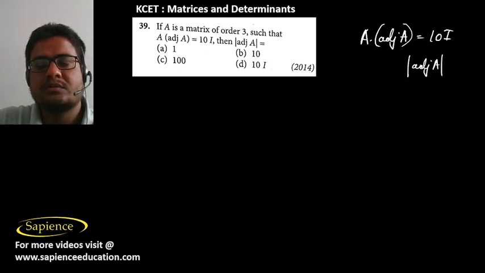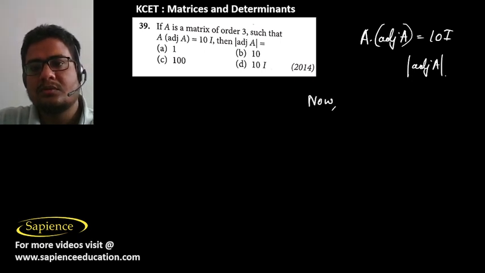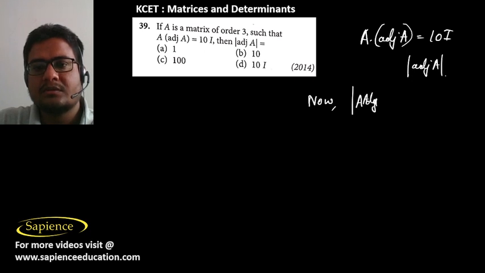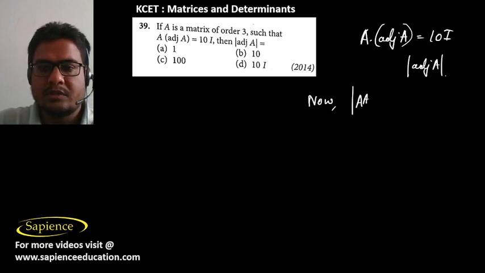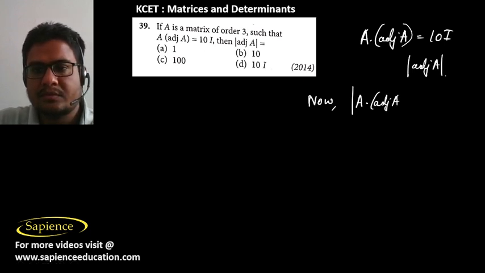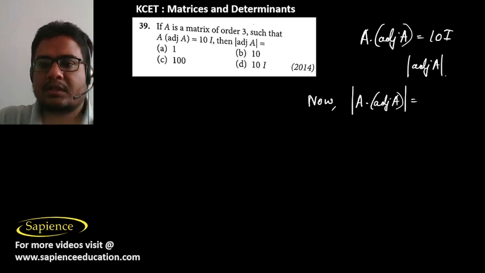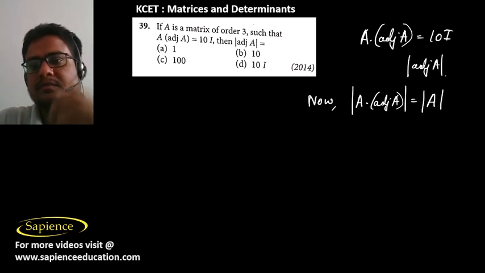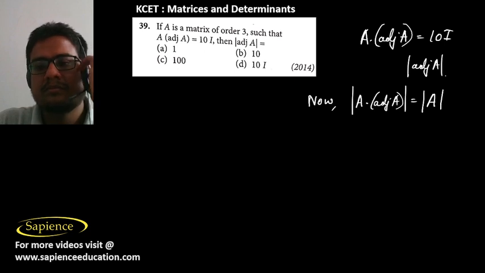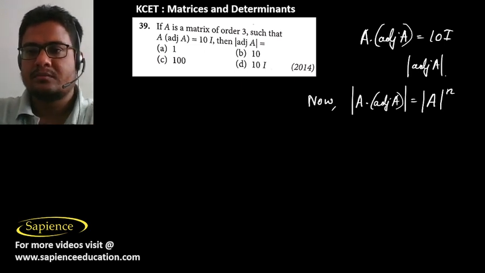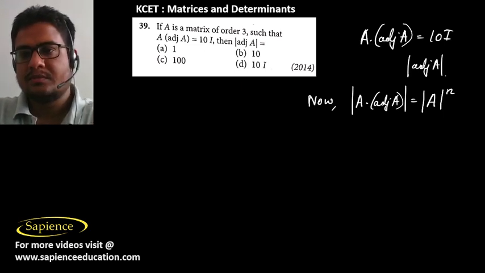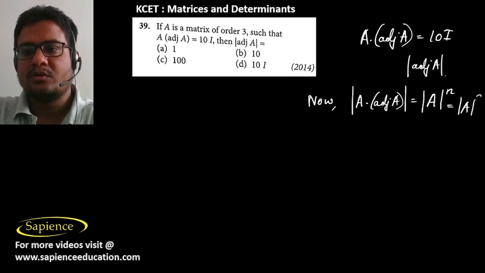So the determinant of A into adjoint of A is given as the determinant of A whole power n, where n is the order of the matrix. That will be equal to determinant of A whole power 3.